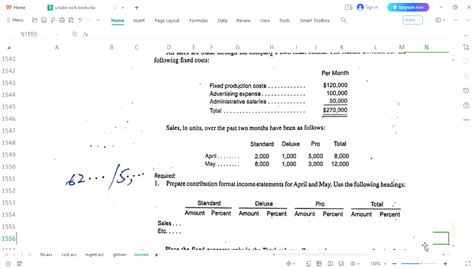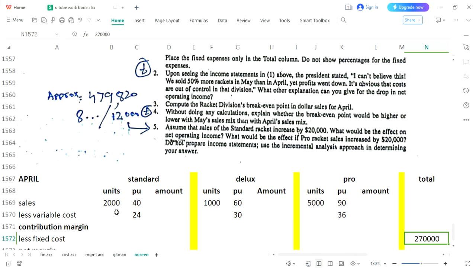Units we have taken from here, April. Since in the total column we are looking for amounts only, it is unnecessary to write units for the total column. That means we have completed inputs.